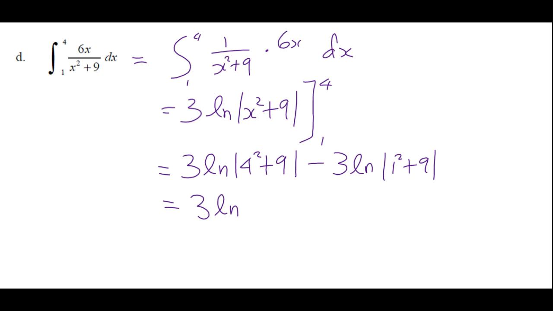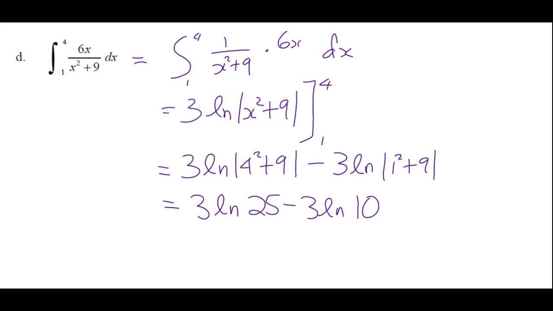So at this point, 4 squared plus 9 is 25. The absolute value of 25 is 25, and 1 squared plus 9 is 10, the absolute value of which is 10. So we got 3 ln 25 minus 3 ln 10.